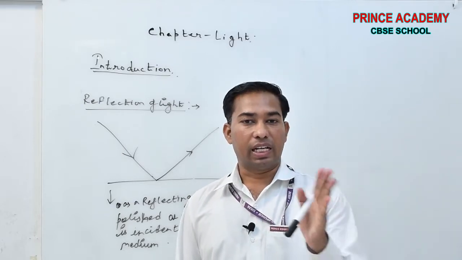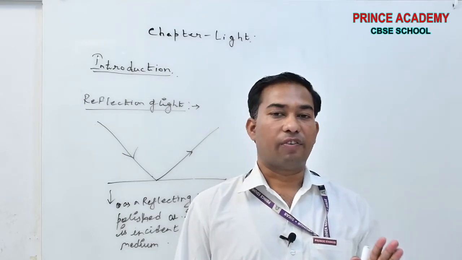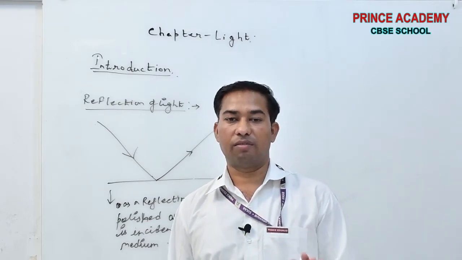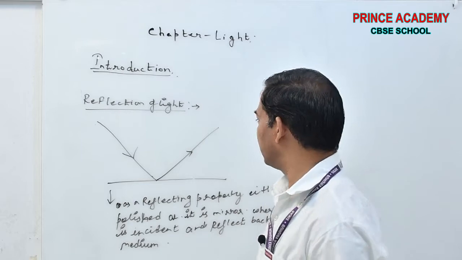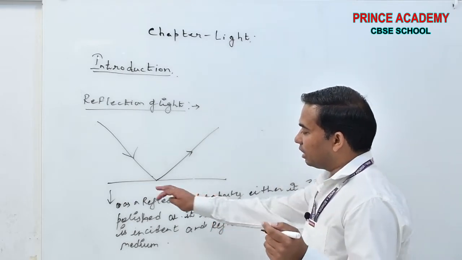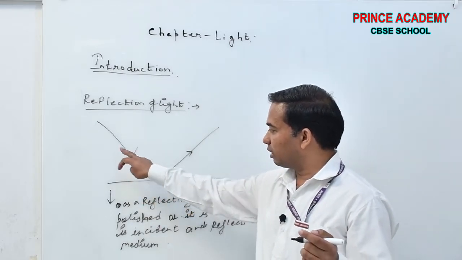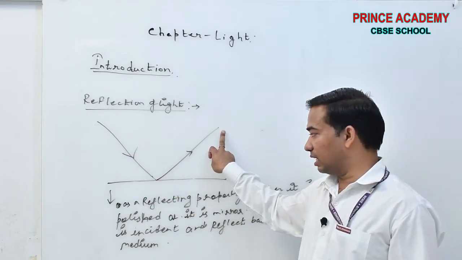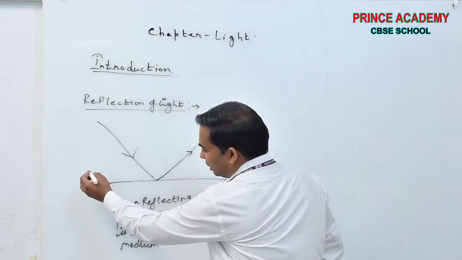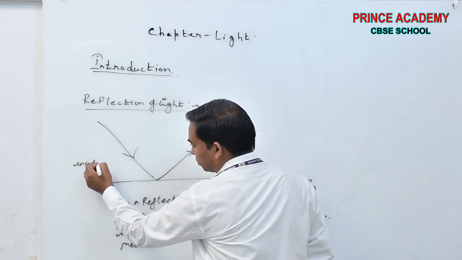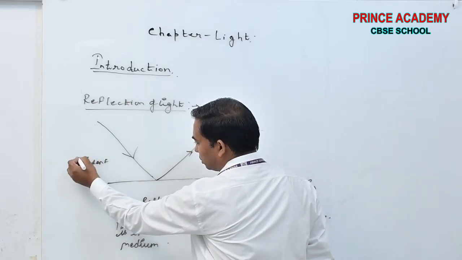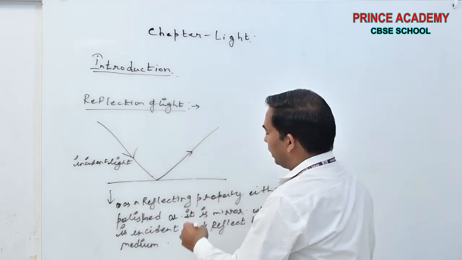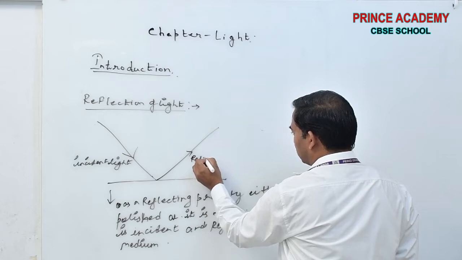So when light is incident on the surface, the incident light is reflected back into the same medium. It is called the incident light, and it is called the reflected light.